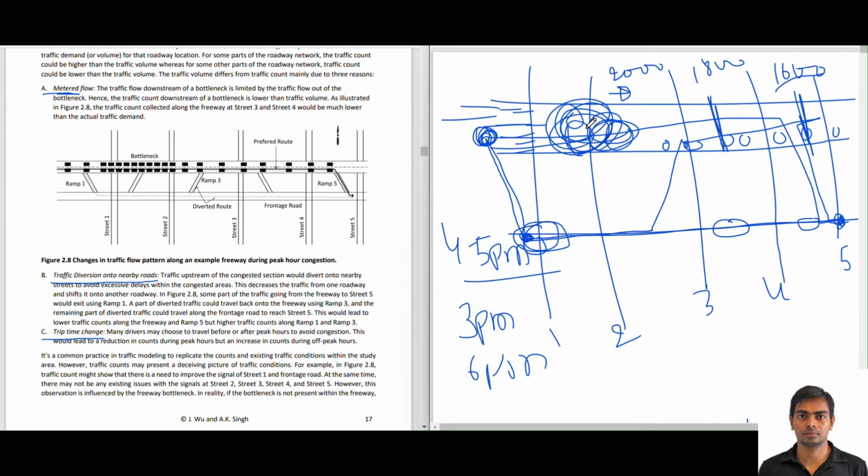So when there is a congestion on the roadway, multiple simultaneous things happen: metered flow, traffic diversion, trip time change.